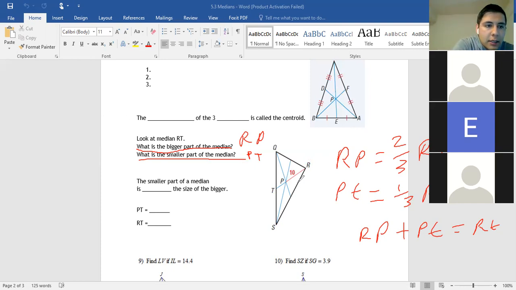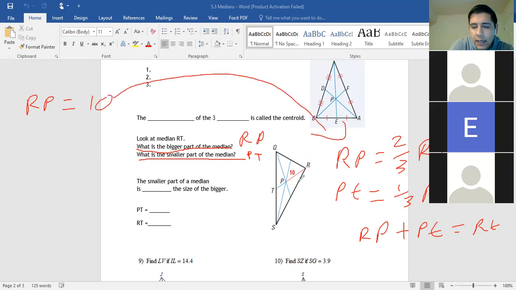RP is equal to 10. So if we replace that into the equation that I just drew up over here, 10 should be equal to 2/3 RT. Based off of that, we should be able to figure out what the entire thing is. So how would we figure this out? How do we solve for RT?